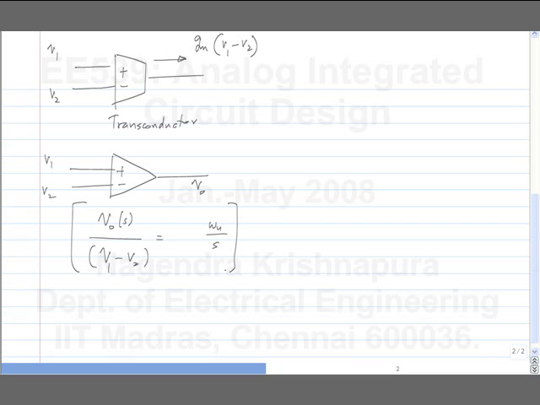We know that a capacitor integrates the current to give you an output voltage. And here we have a current, so if we push this into a capacitor, what is the transfer function? If this is V0, V0 by V1 minus V2 as a function of frequency, what is it?